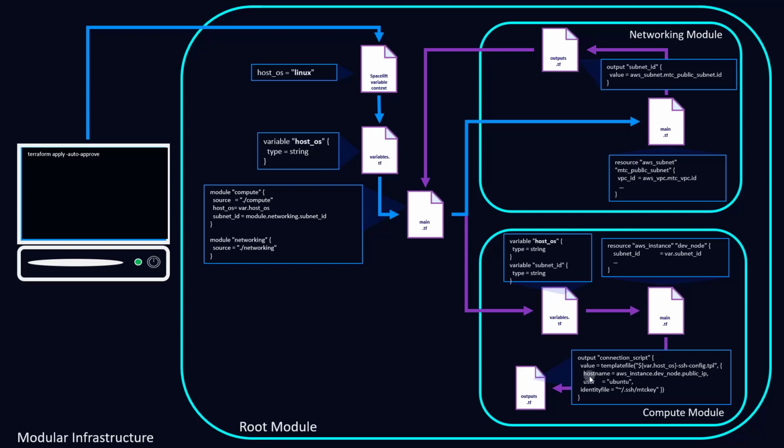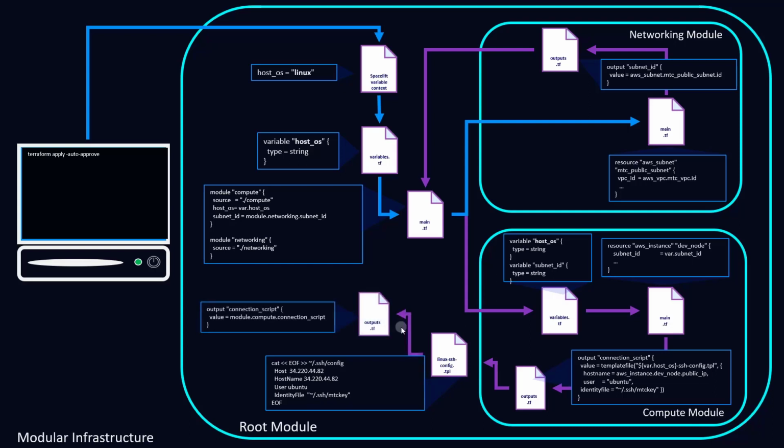And as you can see, we have our host name and user and everything else, but that's all passed in from our main.tf. So after that, we then utilize that linux-ssh-config.tpl and replace it with the correct values. As you can see, we would replace it with a host name that came from our deployment, user, identity file, and everything else.